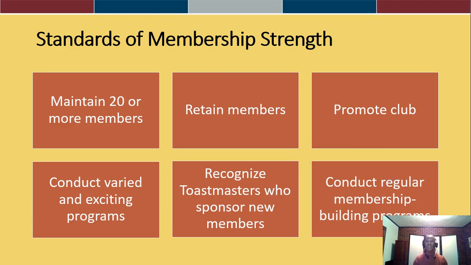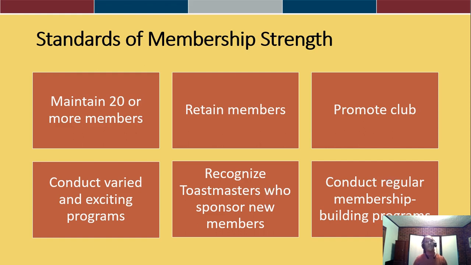Sometimes it's a member of your club that encouraged that guest to become a member of your club. Other times, it's a Toastmaster member of a completely different club that recommended your member or your guest become a member of your club. The key is, on those membership applications for new members, names of your members who appear on those applications are being tracked.